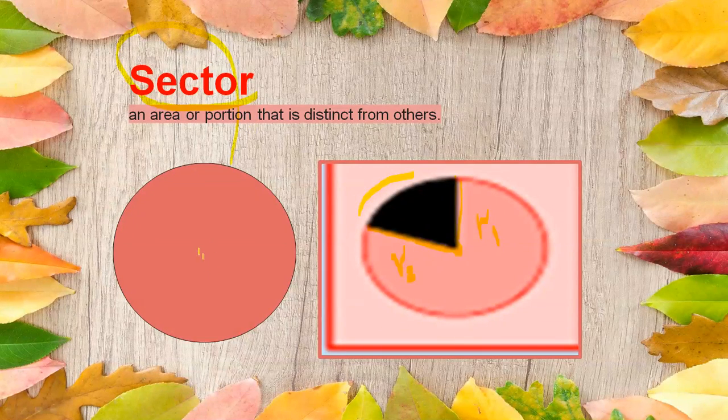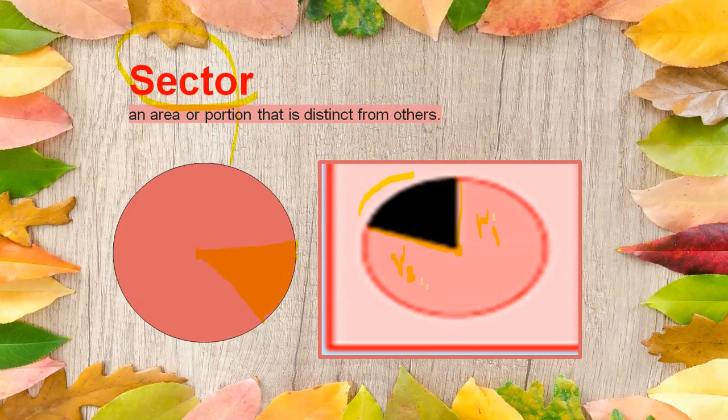If I want to draw here, can I draw like that? It's a sector. Suppose it's a society or any map. I am living in this sector, or this is my block. So the area or the portion that is distinct from others, and it is made by using two radii lines.